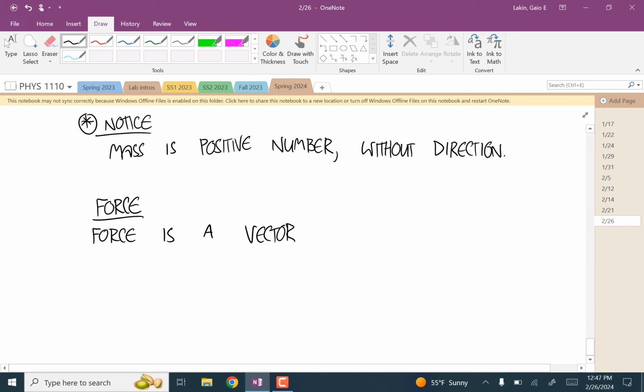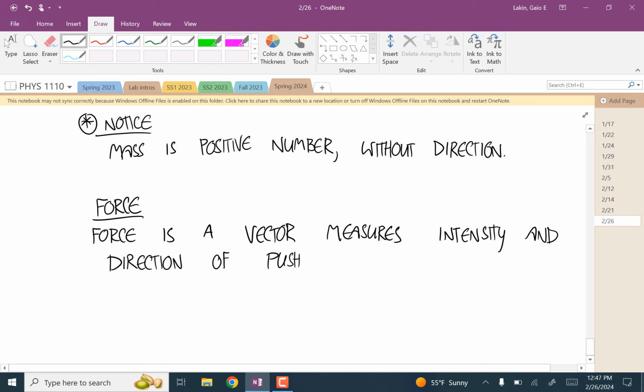Force does have direction, and it measures the intensity and the direction of a push or pull on an object.